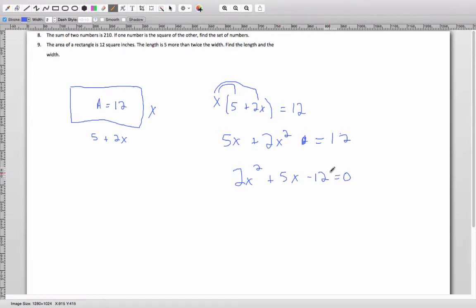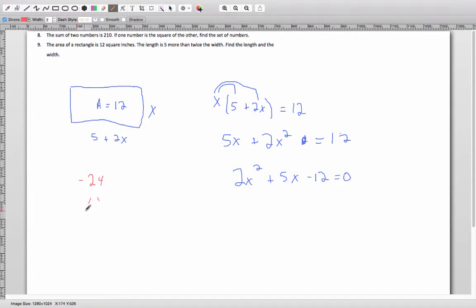Now you get to factor this. You can guess, but guessing may take a while, or you can use the quadratic formula, or you can use what I call factor by grouping. Let me show you factor by grouping; in this case it would be easier. First, multiply the coefficient of the x squared term, 2, times negative 12, which is negative 24. Now I'm looking for two numbers that multiply to negative 24 and add to positive 5.